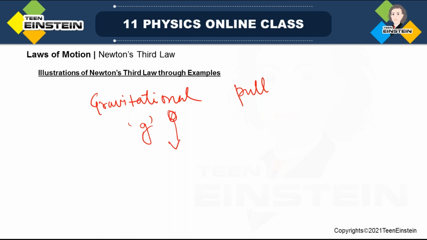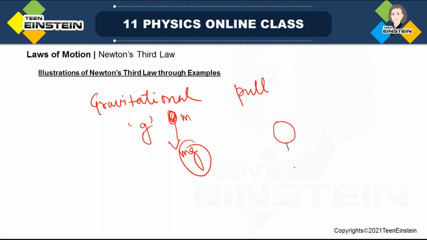Suppose I have an object like this, a small stone, that has mass m, so it will have force mg towards the center of the earth, and that is because of gravity.